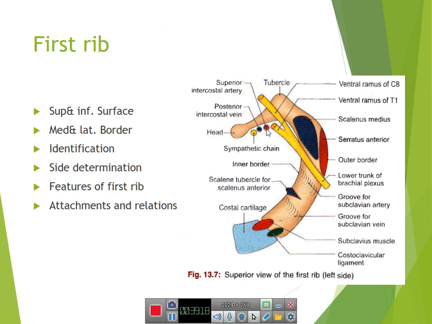Lateral to the superior intercostal artery, we have the ventral ramus of the first thoracic nerve. You can see here the ventral ramus of the first thoracic nerve, and lateral to T1 we have the ventral ramus of the 8th cervical nerve that passes over the neck and upper surface of the first rib.